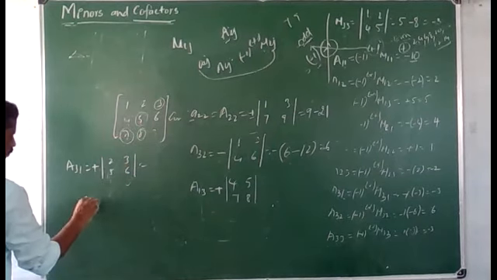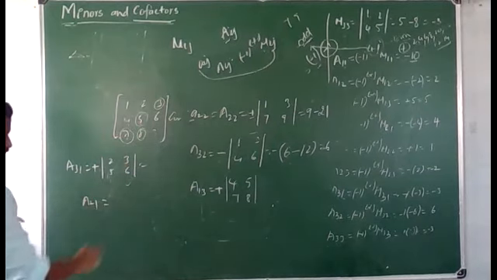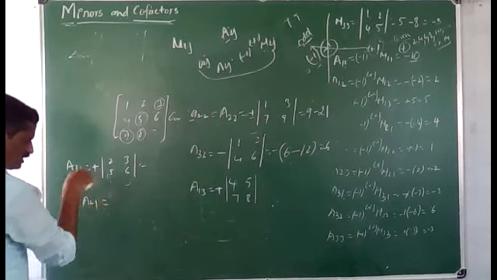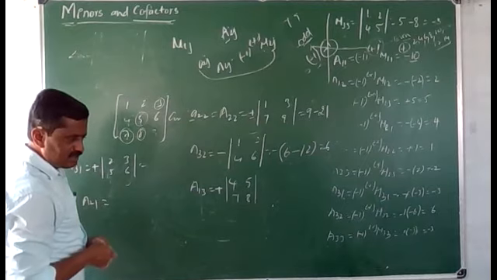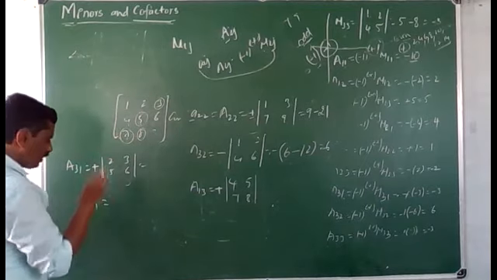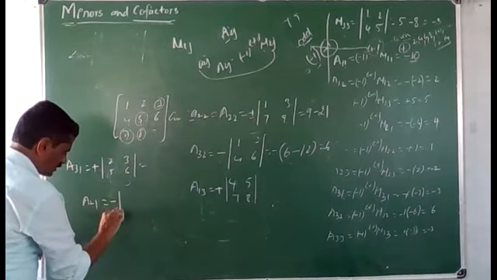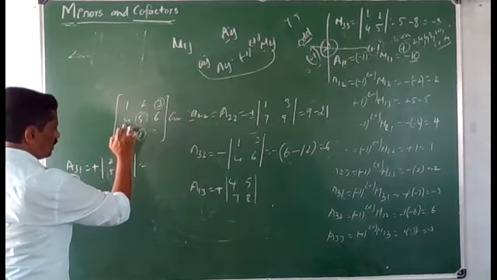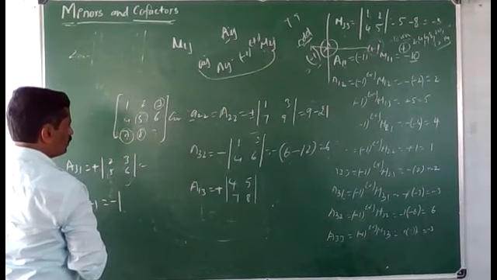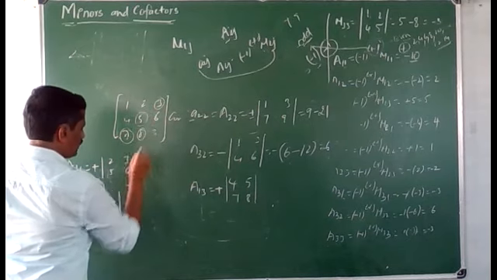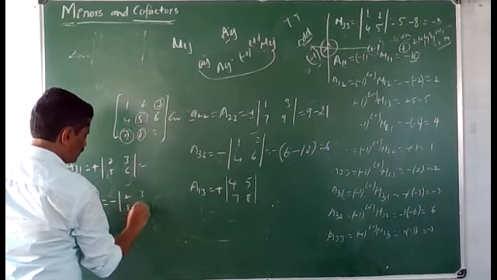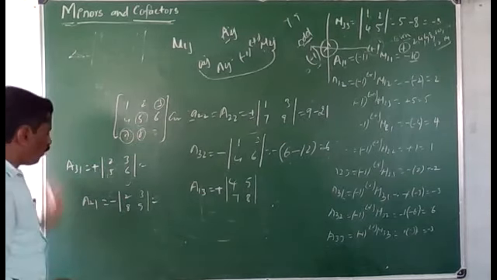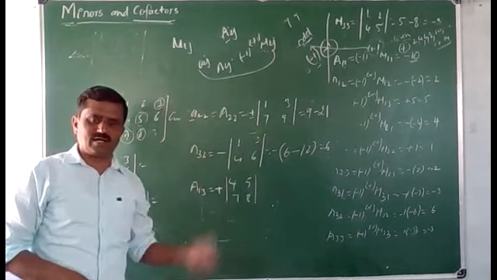That is A21, so 2 plus 1 is 3, an odd number, so take minus. Leaving this row and column, we have 2 3 8 9. Expand this. So this is how to find the cofactor directly.